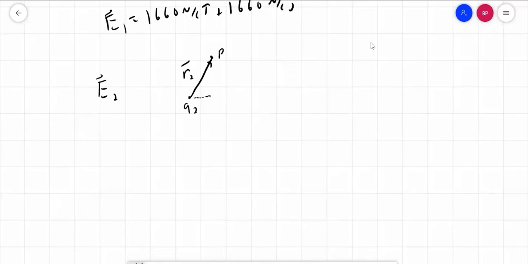And we split it up into a triangle whose sides are the difference in the X components and the difference in the Y components. And we can see if we wanted to walk from Q2 to the point P, we'd have to go in the positive X direction and the positive Y direction.